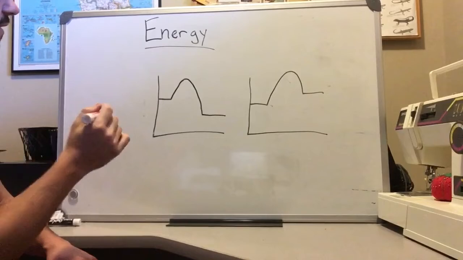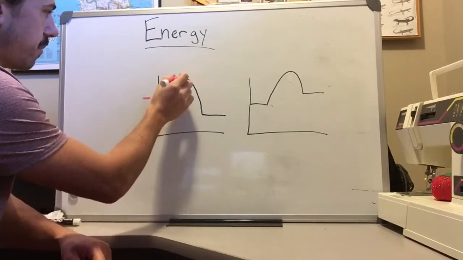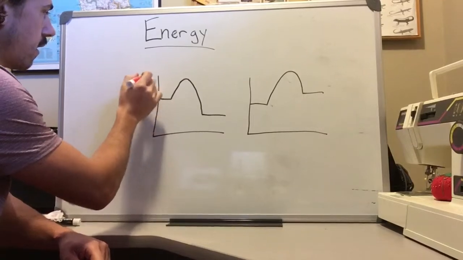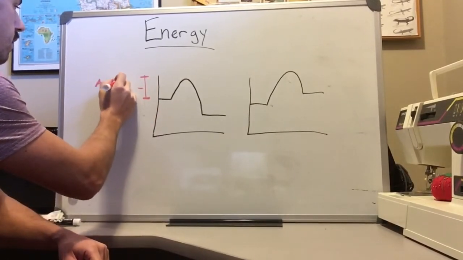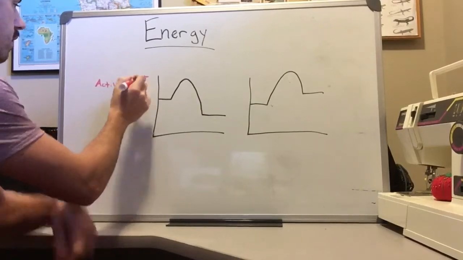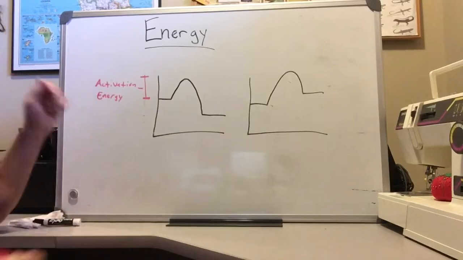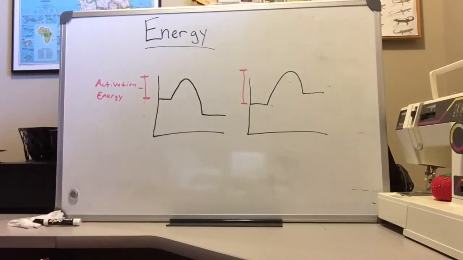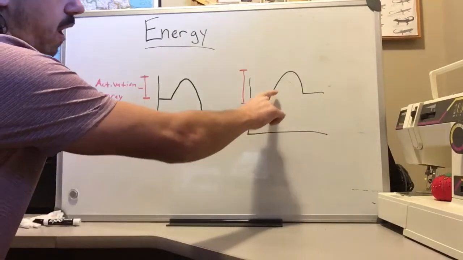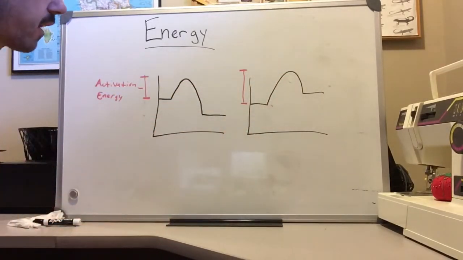So if I plot it off to the side here, the amount of energy that it takes to go from my reactants up to this top point, that is my activation energy. And same thing over here. So again, it's called activation energy because it's the amount of energy that is required for our reactants to absorb in order to activate that chemical reaction or get that chemical reaction started.